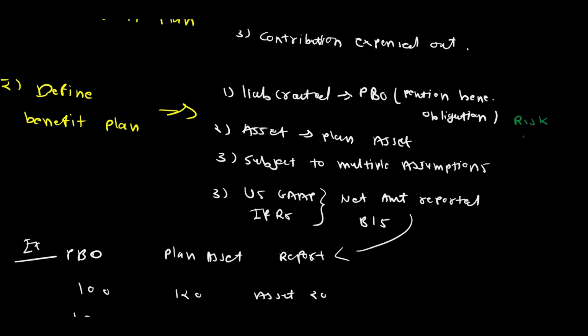The risk is on the company because they must pay that fixed amount no matter what. For example, the company says, don't worry, we will pay you 20,000 monthly after retirement no matter what happens.